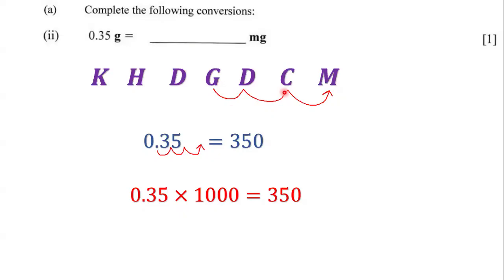For each time we move over to the right, we have to put a 0. That's going to give us 350 or 0.350, which is the same thing as 350. So our answer here is 350 milligrams.